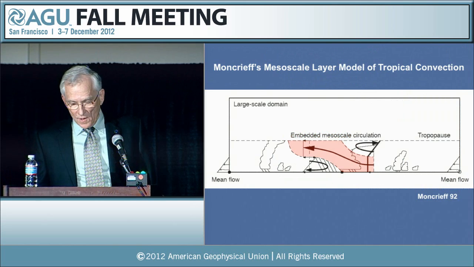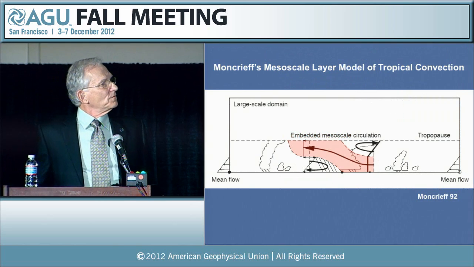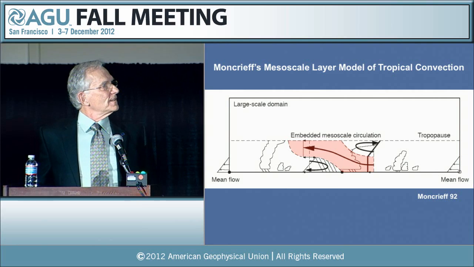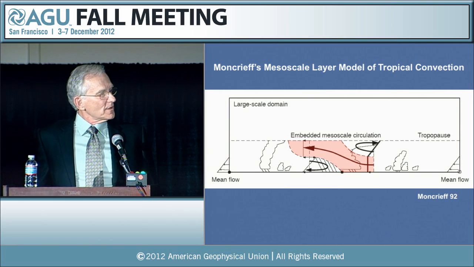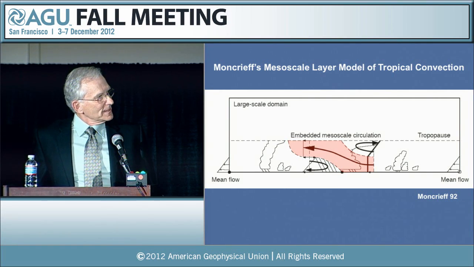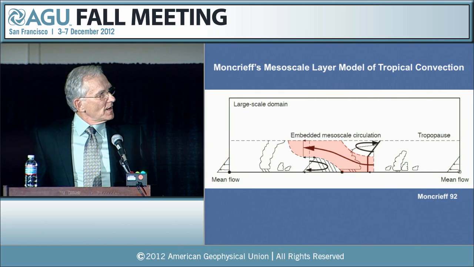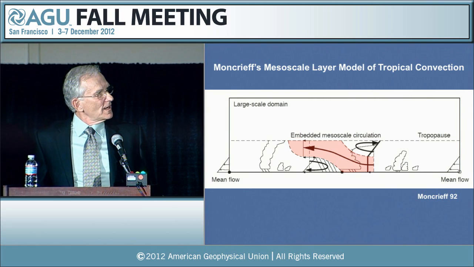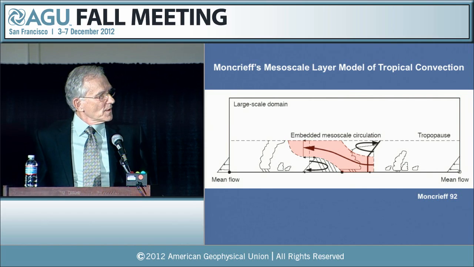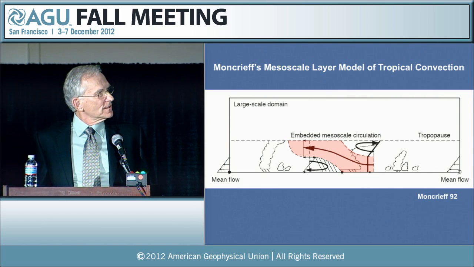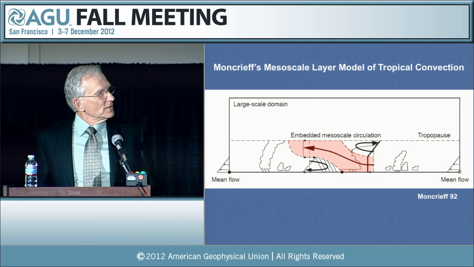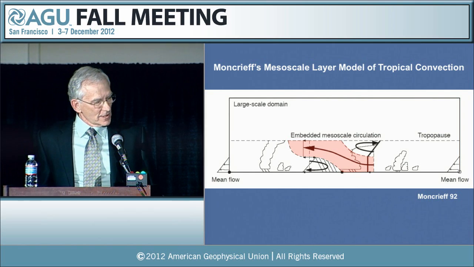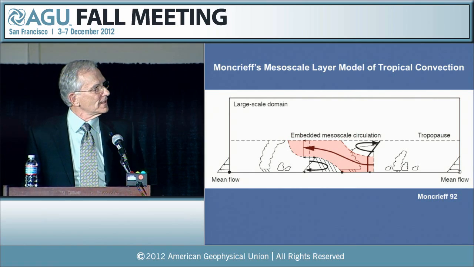And one of the things they showed is a very marked similarity to a model of tropical convection that's been advocated for many years by Mitch Moncrief, where he points out that it's a natural behavior of the atmosphere to adjust on the mesoscale to the wind shear in the environment and the stability in such a way that the overturning occurs in a deep layer.